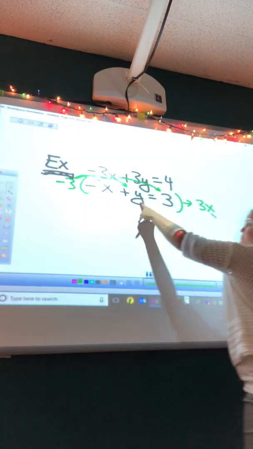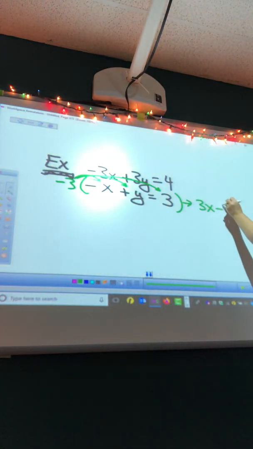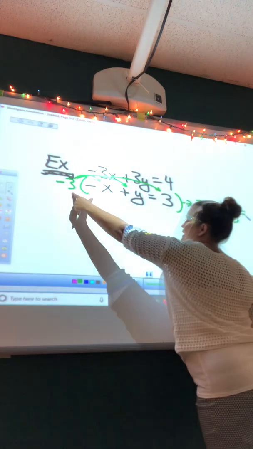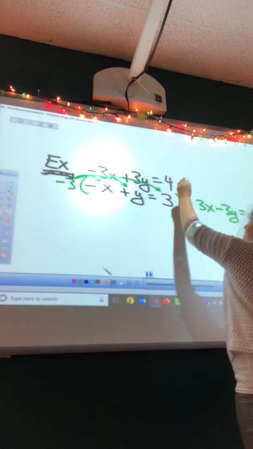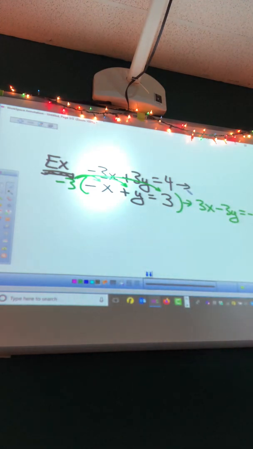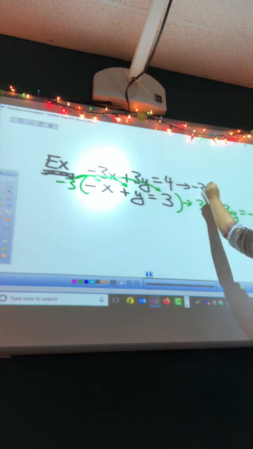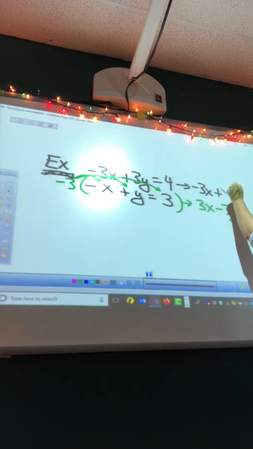Negative 3 times positive y, negative 3y, equals negative 3 times positive 3, negative 9. I'm not changing the top equation, am I? No. So I'm just going to rewrite it so our work is all nice and neat. So negative 3x, positive 3y equals 4.